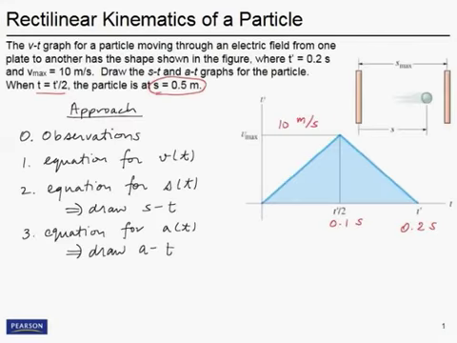We know that V equals 10 meters per second at t equals 0.1 seconds, and V equals 0 meters per second at t equals 0.2 seconds. Since these are linear on the graph, we need to know something about this slope right here, and that's what we're going to do next.